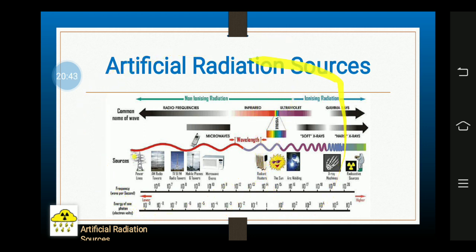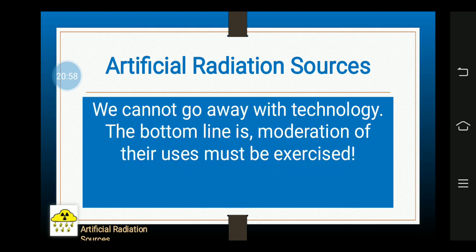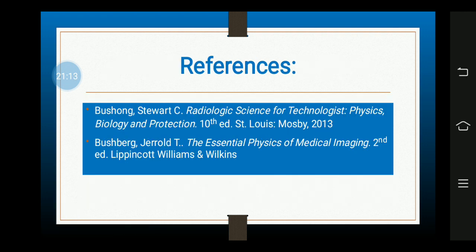So our examples, yung mga nabasa natin kanina, are categorized under non-ionizing radiation. Although we can say they are non-ionizing radiation, here is our advice. We cannot go away with technology. But the bottom line is, moderation of their use must be exercised.